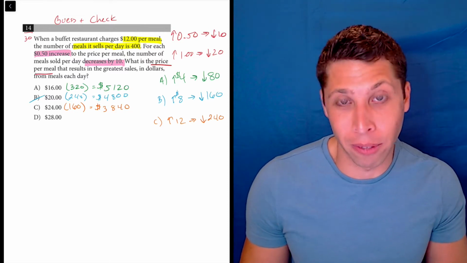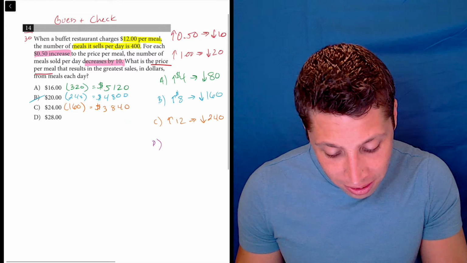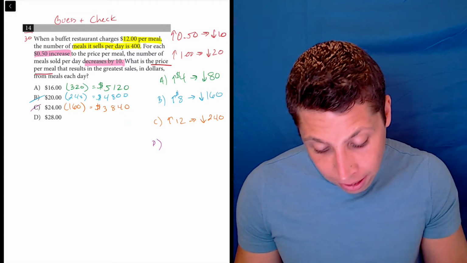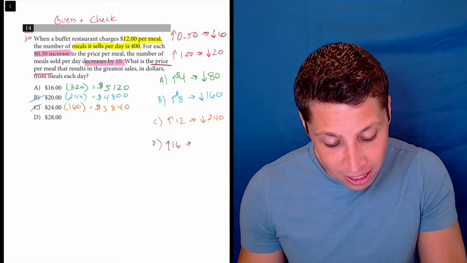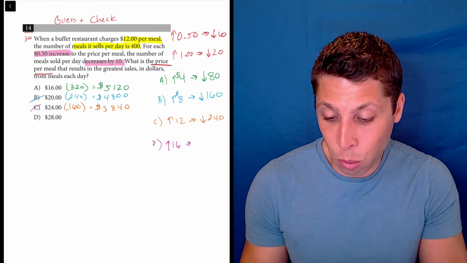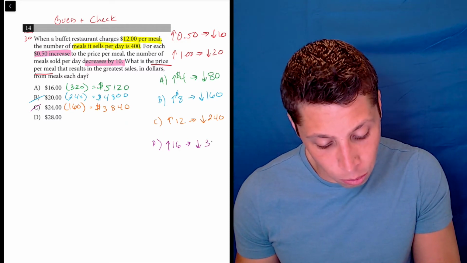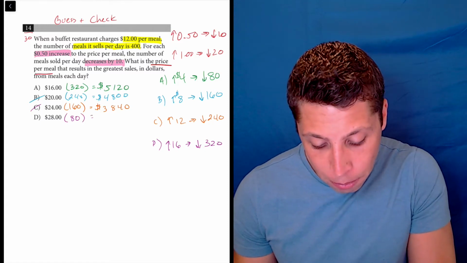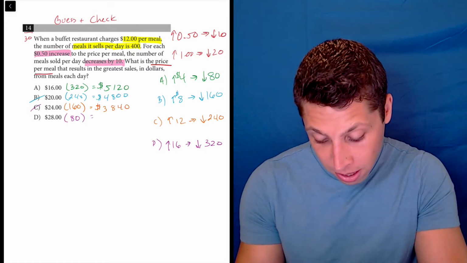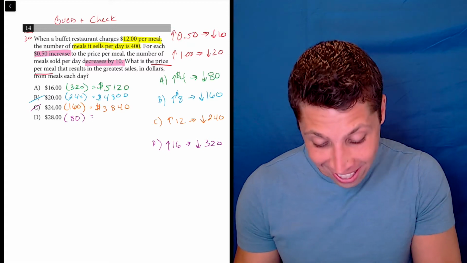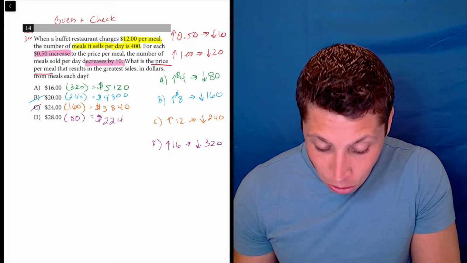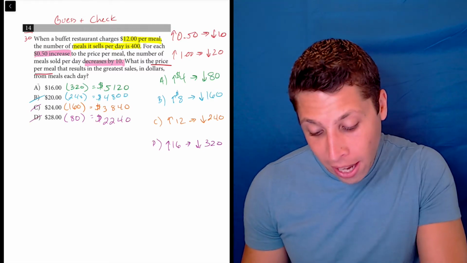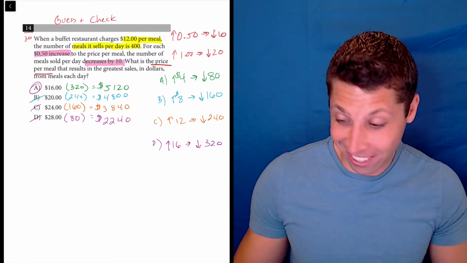Why take a shortcut and risk getting it wrong? So choice D, $28, means an increase of 16. 16 times 20 is 320. So 400 minus 320 is 80 people, and 80 times 28 is 2,240, making that wrong and making choice A correct.